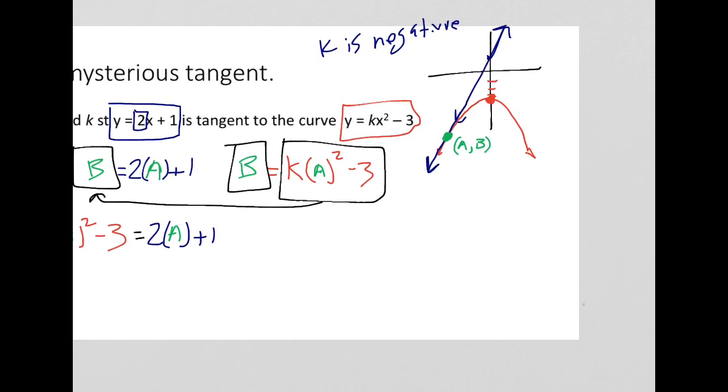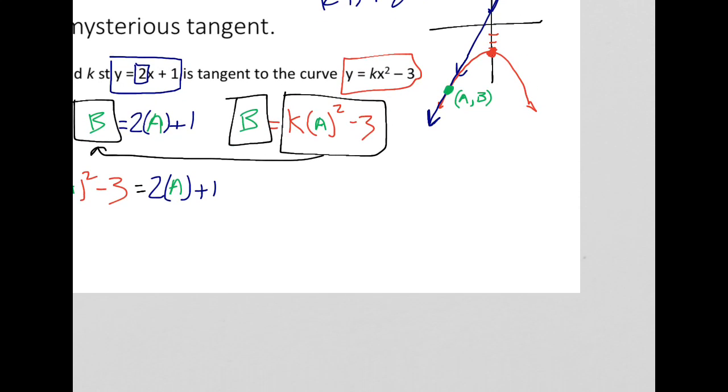So if we take the derivative y prime of that red function using the power rule, I will get 2kx, because the derivative of kx squared is 2kx, derivative of negative 3 is 0. So that is my derivative function right there.